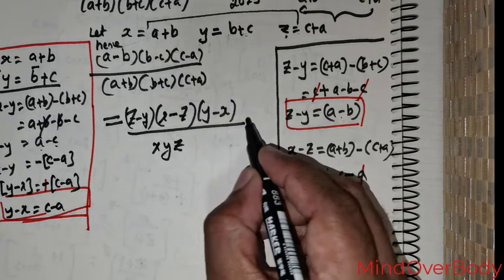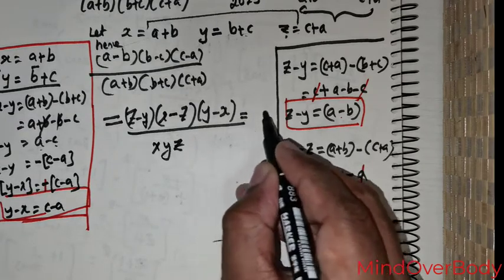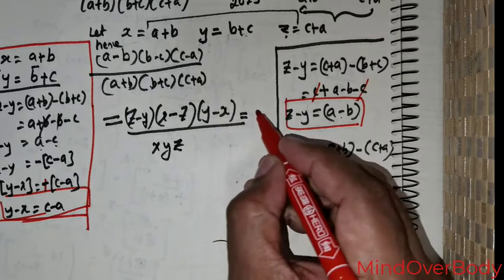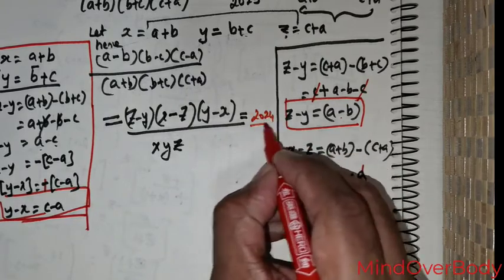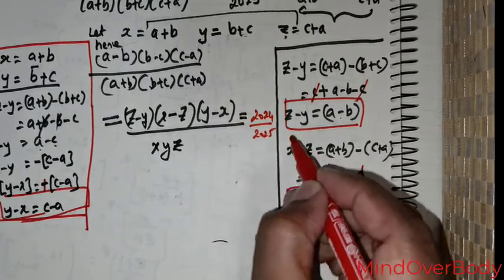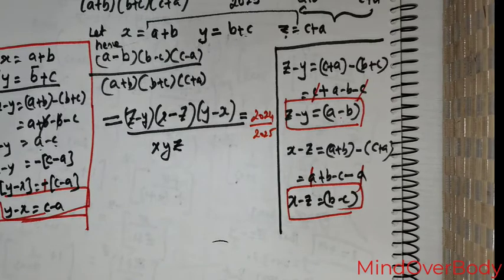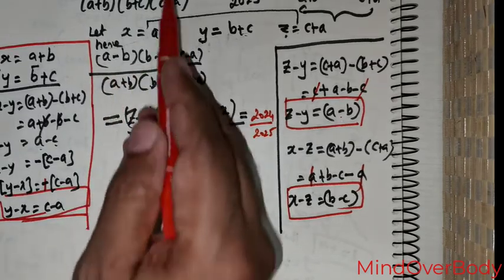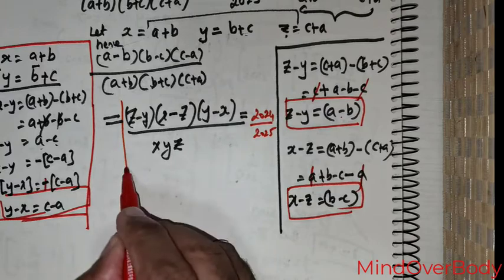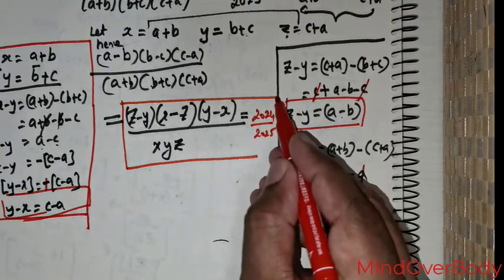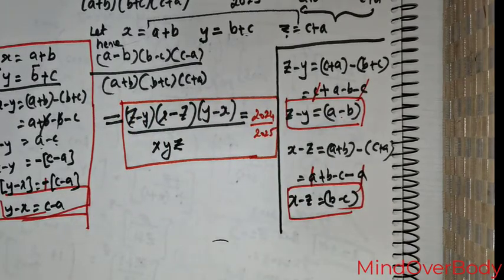So we can clearly state that this is equal to 2024 divided by 2025, right? Of course, we all know that since this is equal to this, but just to be consistent with the explanation, I just want to place this there.